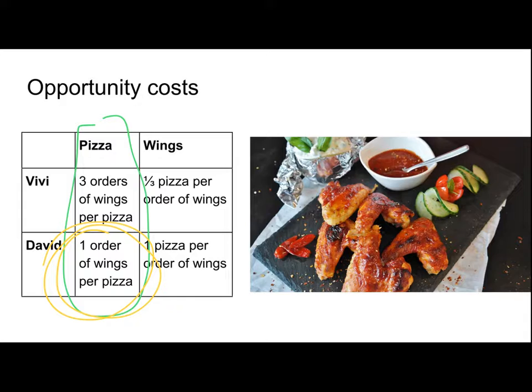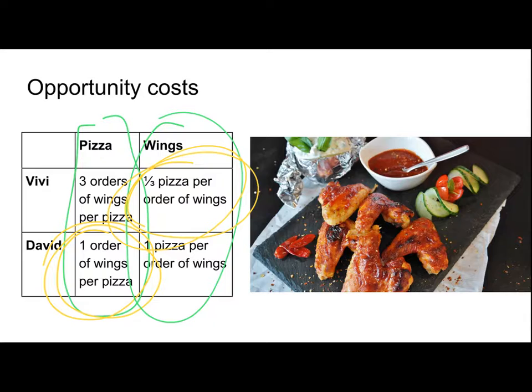Likewise, when we go to wings, Vivi's 1/3 of a pizza per order of wings is much lower than David's opportunity cost of one pizza per order of wings. So David has the comparative advantage in pizza, Vivi in wings, and actually that should have ruled out answer B.